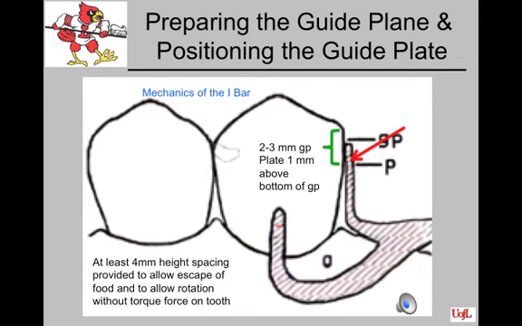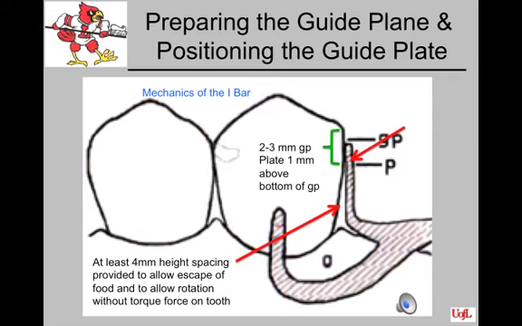The laboratory will prepare the cast, providing a 4 millimeter opening beneath the guide plate in the apical area. This space allows for food and debris to escape and not to be jammed into the sulcus.